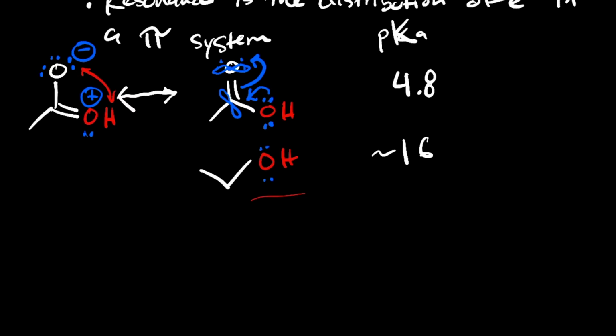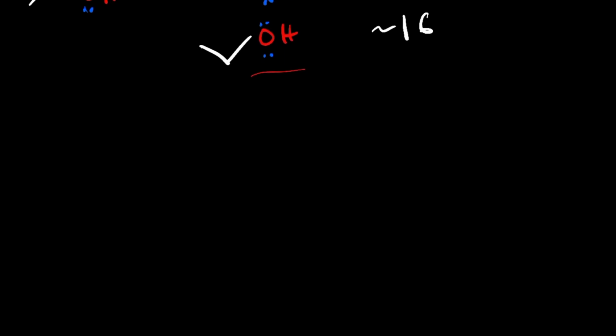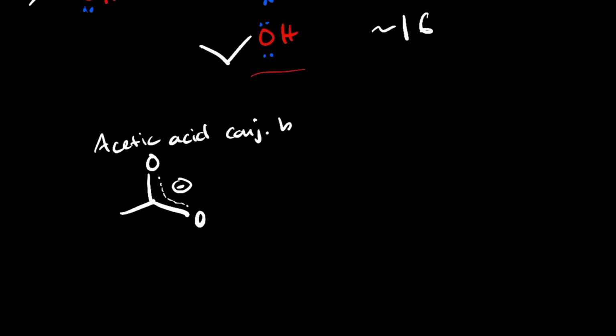And as a consequence, you have this distribution of electrons that we illustrated as something that looks like this, with the negative charge sort of being distributed over here, right? There's a negative charge in there, and that's for acetic acid. That's the acetic acid conjugate base.